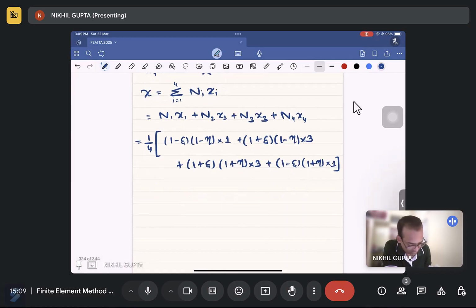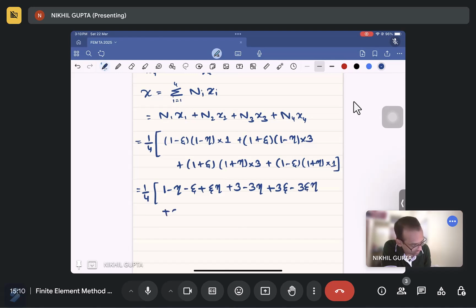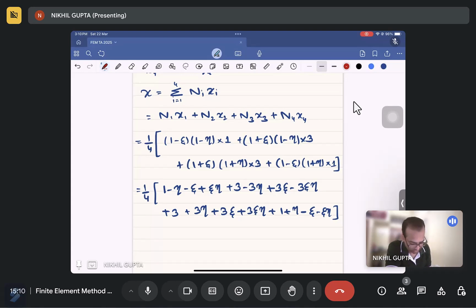When we solve this, we get 1 minus eta minus xi plus xi eta, then 3 minus 3 eta plus 3 xi minus 3 xi eta, plus 3 plus 3 eta plus 3 xi plus 3 xi eta, plus 1 plus eta minus xi eta.